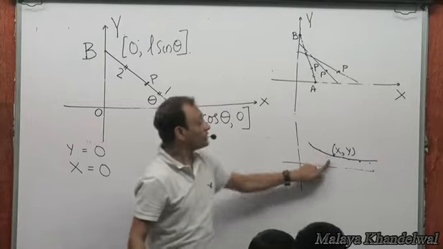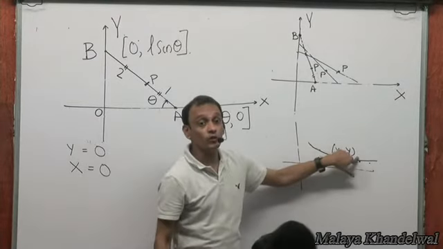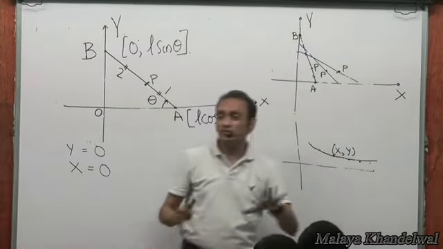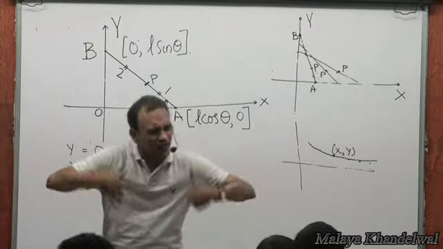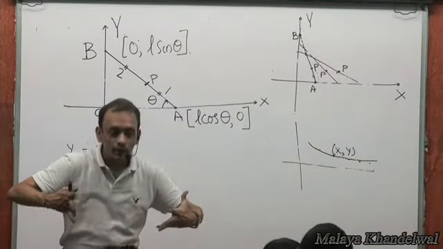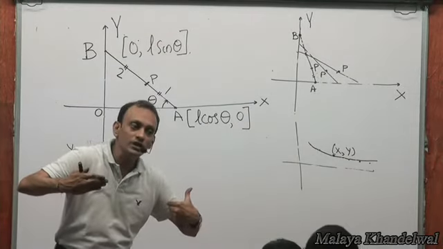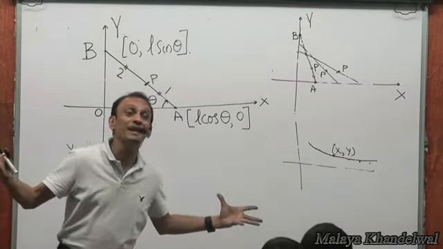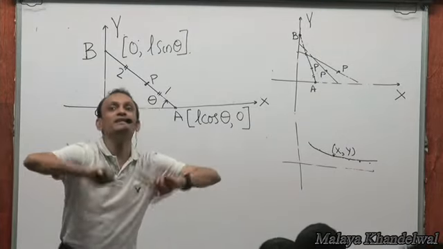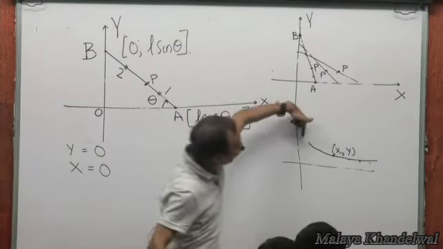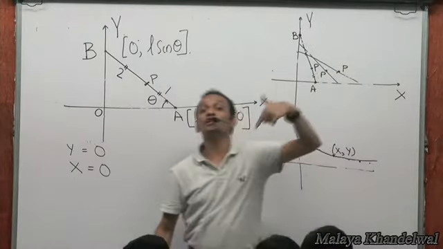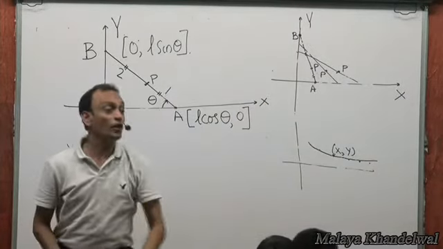So this is a moving point. These are the x and y coordinates, which will be different for different values of the parameter theta. But I need a relationship which should be general. How can it be general? If it does not contain a parameter theta. That relationship between the x and y coordinates should be true for all positions of the moving point. It should therefore be independent of the parameter.